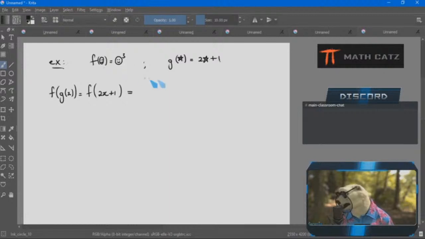Because the exact symbol that we're using when we define a function is completely irrelevant. It's a temporary placeholder. People tend to recycle the x, understanding that that x doesn't mean the same thing from one line, from one definition to the next. So now when I have the input as 2x plus 1, what does f do to its input? It cubes it. So I will cube it.